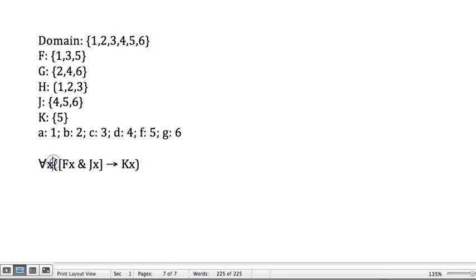What that means is we want to know if every member of the domain fits this description, satisfies this propositional function. Pause the lecture, decide, does every member of the domain fit this description? If the answer is yes, our statement is true. If the answer is no, our statement is false.